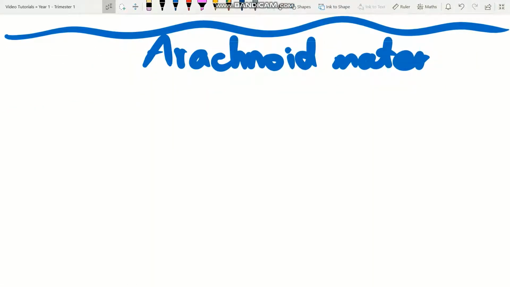So essentially, between the dura mater and the arachnoid mater, there's a space called the subdural space, and this is essentially a very thin serous cavity. However, below the arachnoid mater, we have what's called the subarachnoid space.